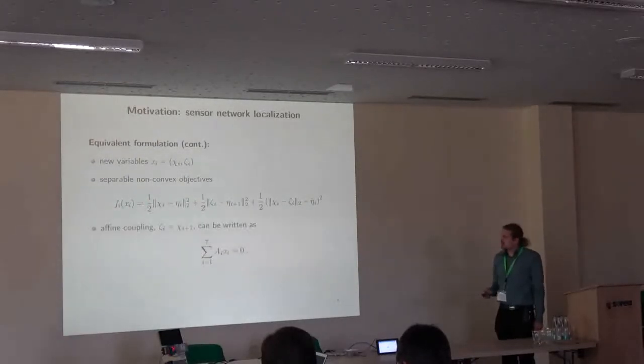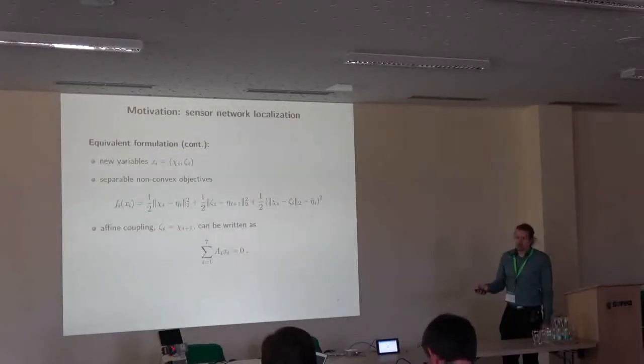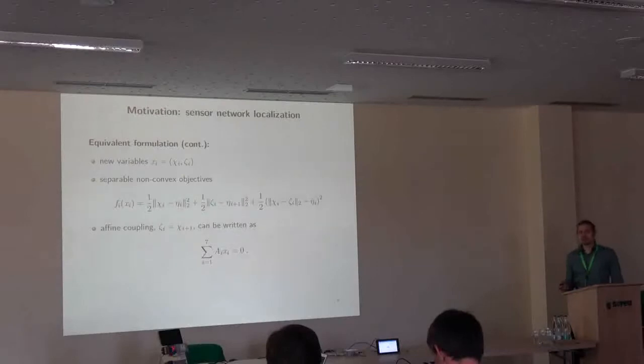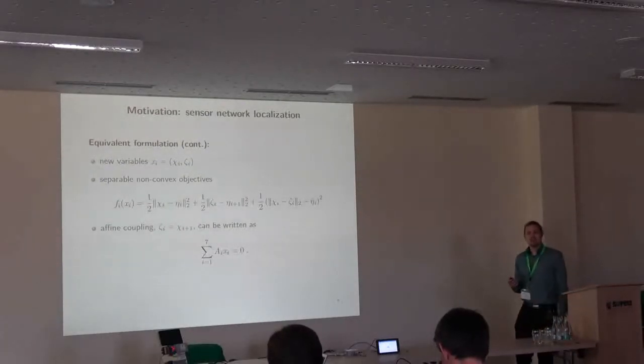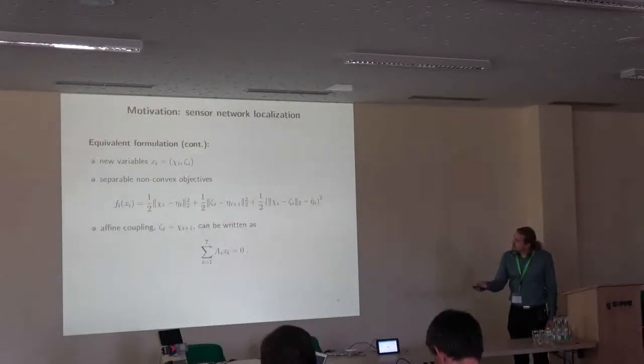And of course, all these coupling constraints, all these constraints that the theta i is equal to the position of the neighbor, that's a coupling constraint. But that is now affine, actually. So all the coupling is in an affine constraint, while the objective of each sensor is nonlinear. So f_i of x_i is a nonlinear, in this case even non-convex function. Yeah, so the non-convexity is, of course, still there.